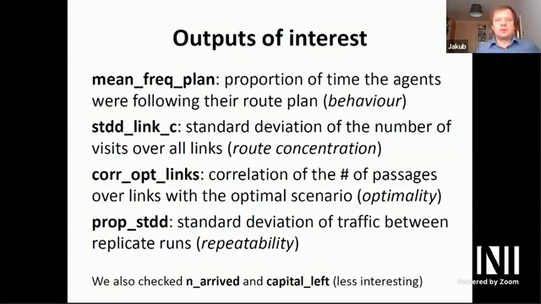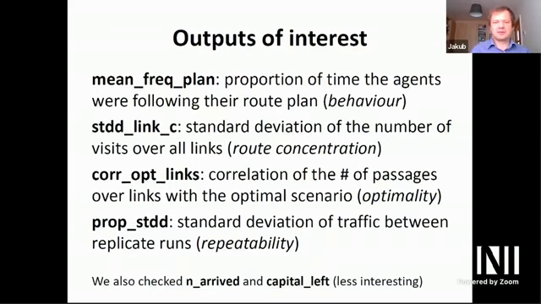So the model, despite being data-free and fully theoretical, has a few interesting outputs. In this talk, I'll focus on a few that we picked for more detailed analysis. One related to the behavior of agents: the proportion of time they were following the initial plan for traversing the landscape.